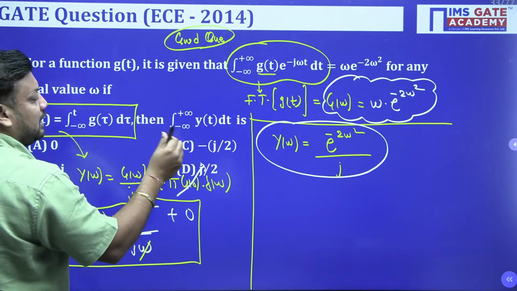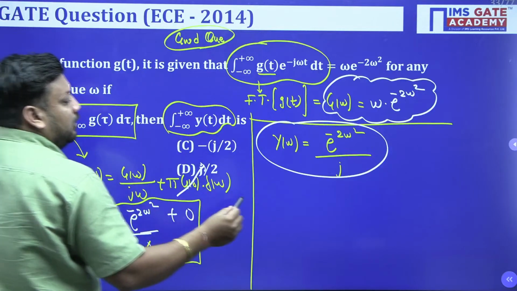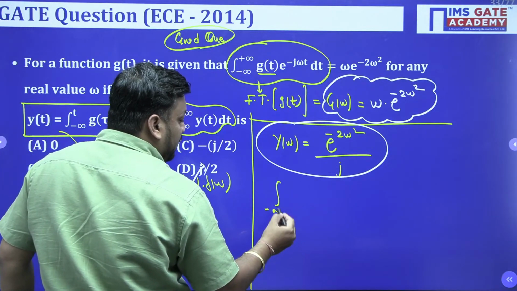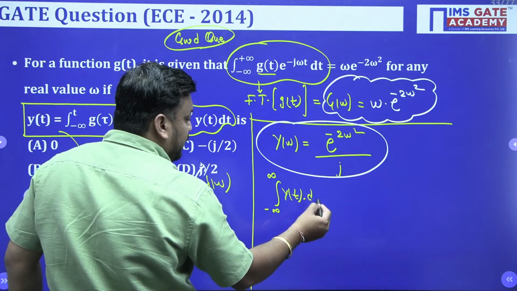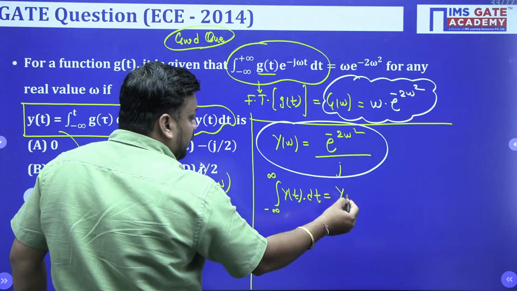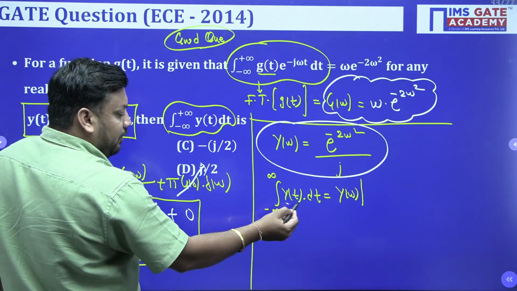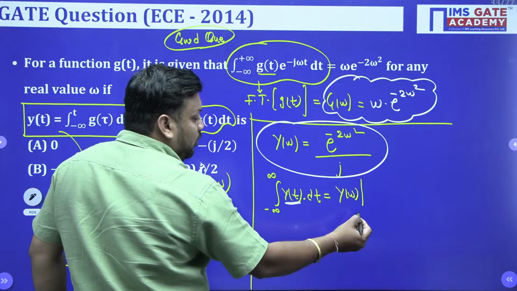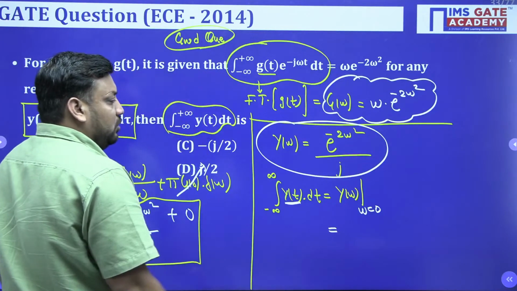Now finally it is asking for the integral from minus infinity to infinity of y(t) dt. This is the area under time domain property. The integral of y(t) dt gives the area under y(t). The property says that if you want to find the area of y(t), put omega equal to 0 in Y(omega), and you will get the answer. So this is my Y(omega).